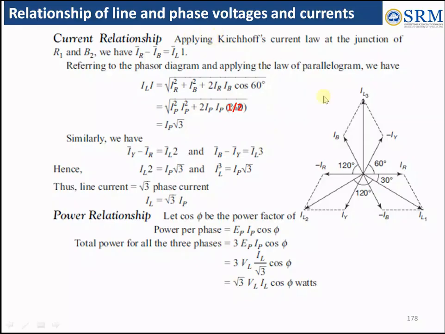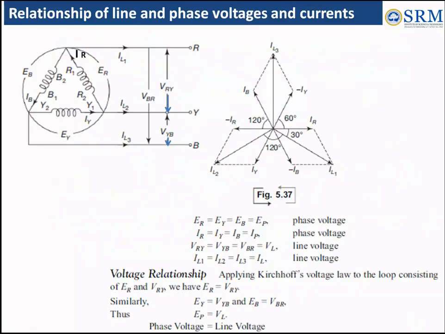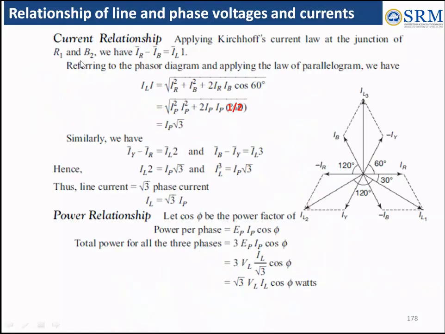So coming to the current relationship, we apply KCL at the junction of R1 and B2. Here, this is R1 and B2. In this junction, if you apply KCL, what happens?